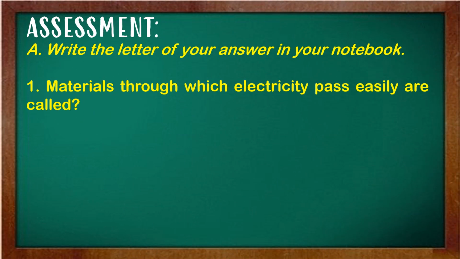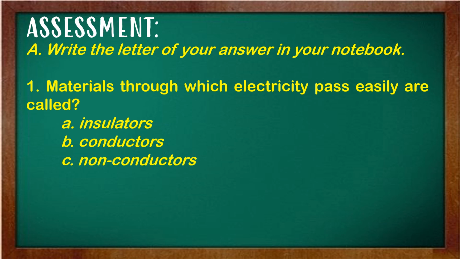Okay, children, let's see if you understand our lesson. Write the letter of your answer in your notebook. Number 1 question. Materials through which electricity passes easily are called. Letter A, insulators. Letter B, conductors. Letter C, non-conductors.